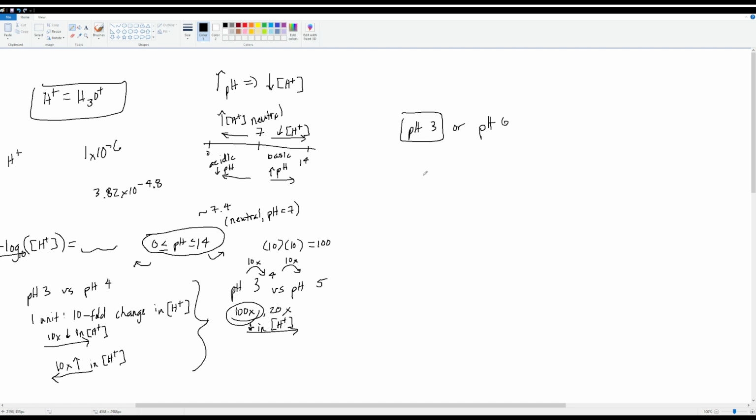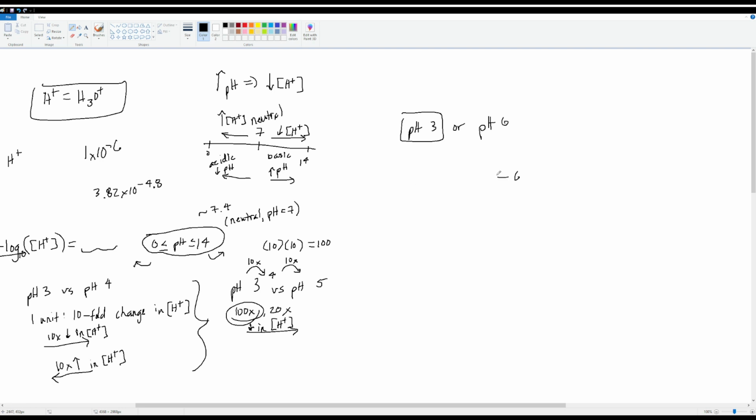Okay. And now we can go one step further and ask, how much greater? What is the fold increase in H plus concentration between the two? 1,000 times, right?